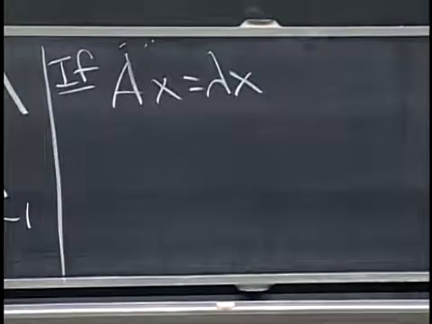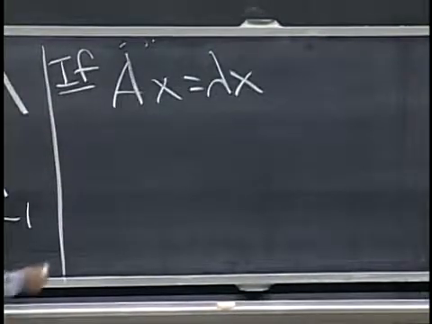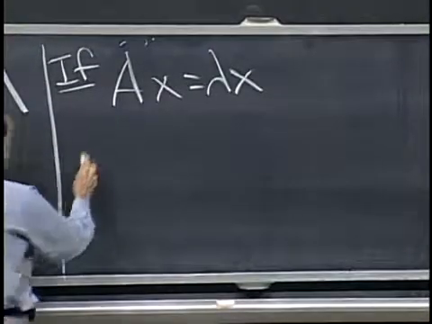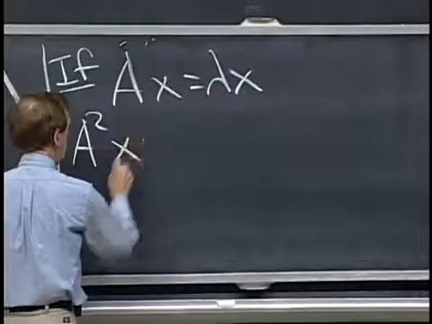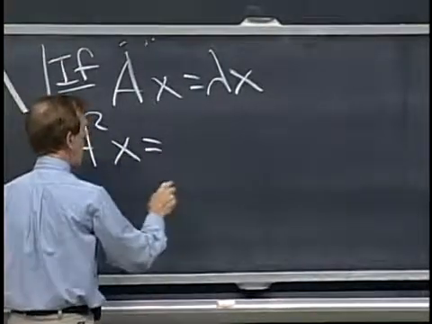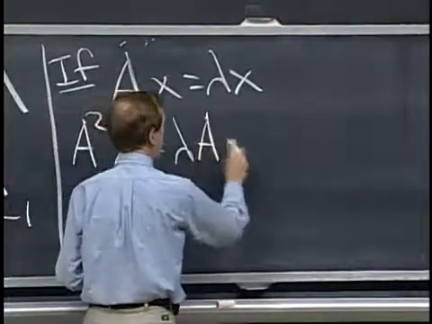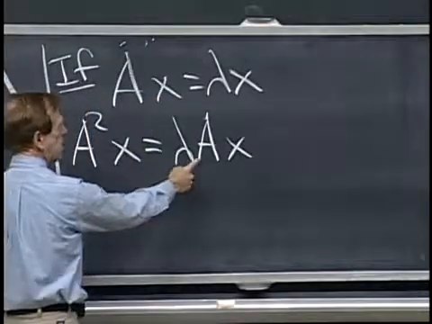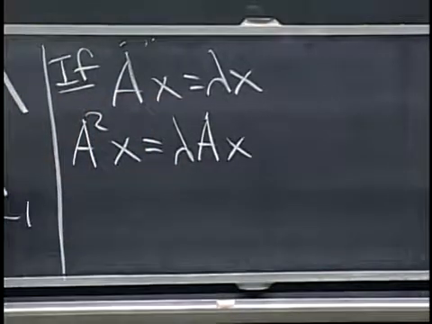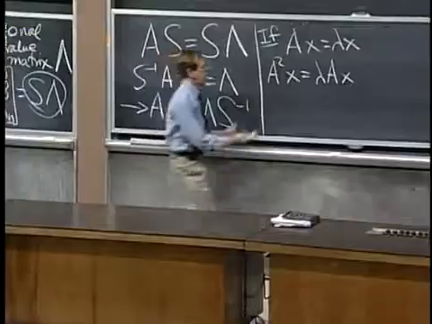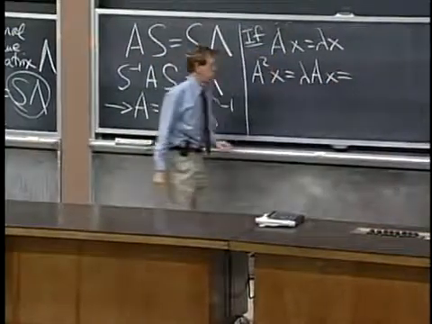If Ax equals lambda x, then I multiply by A. So I get A squared x equals, well, I'm multiplying by A, so that's lambda Ax. That lambda was a number, so I just put it on the left.